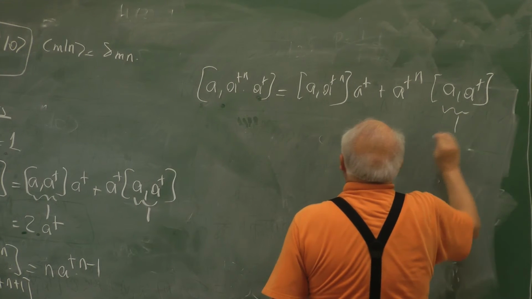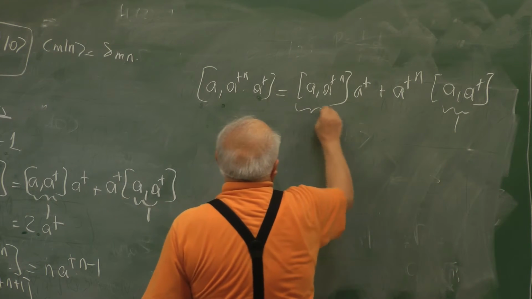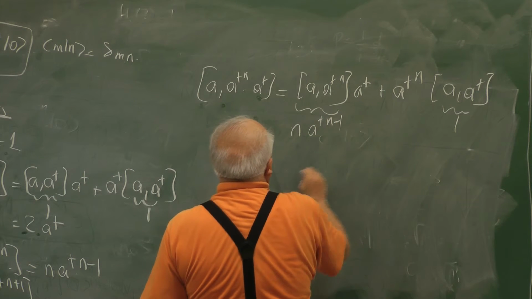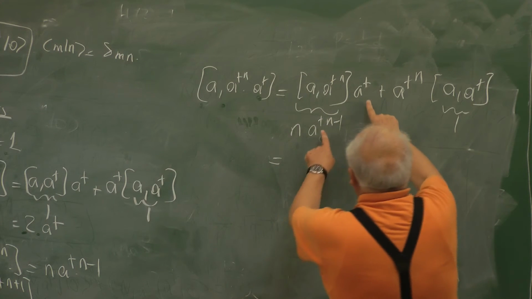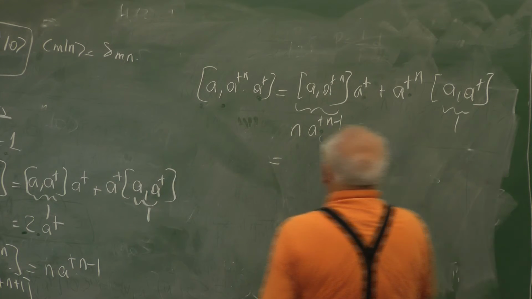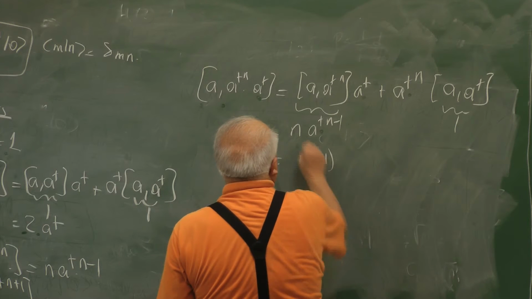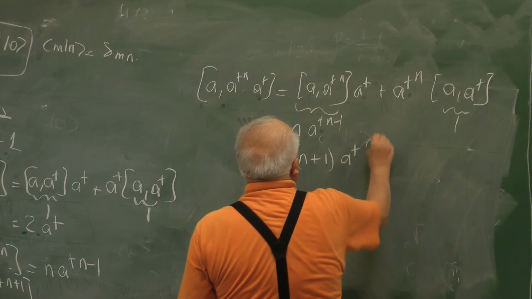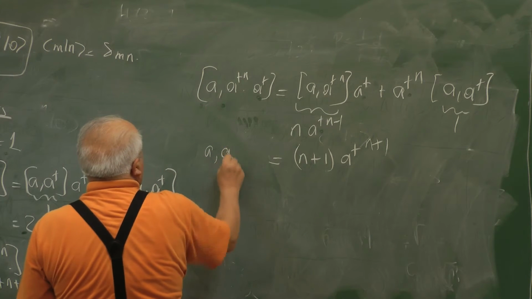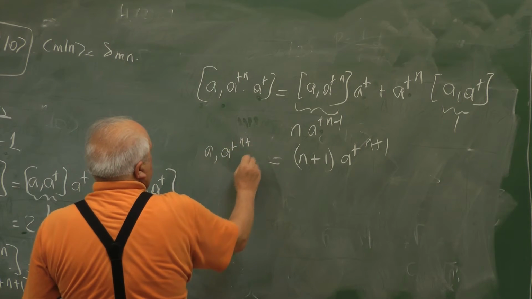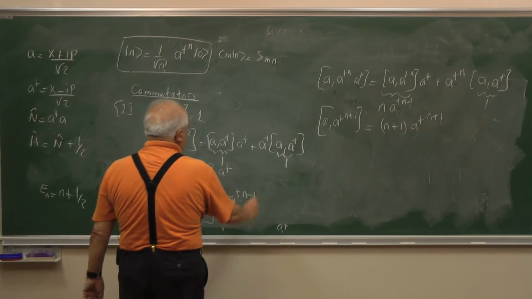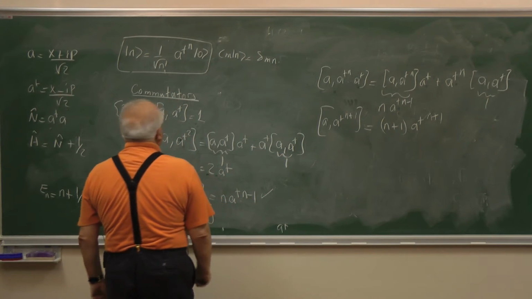This is 1, and this we assumed is n a dagger n minus 1. So the result is here I have a dagger to the n, here a dagger to the n. So it is n plus 1, a dagger n plus 1, which is a dagger n plus 1. So it checks. This is a general formula then.